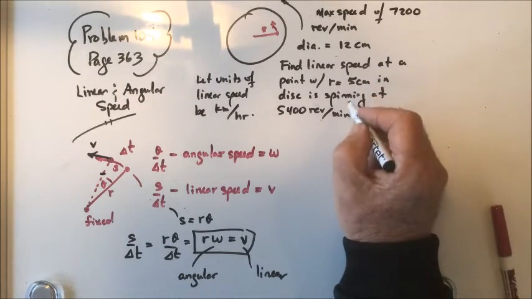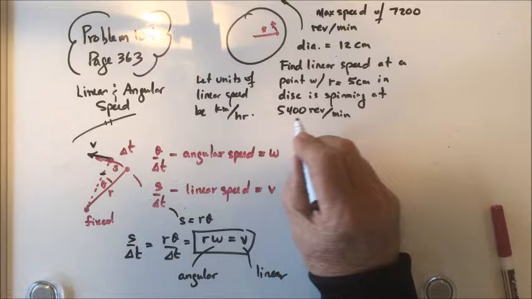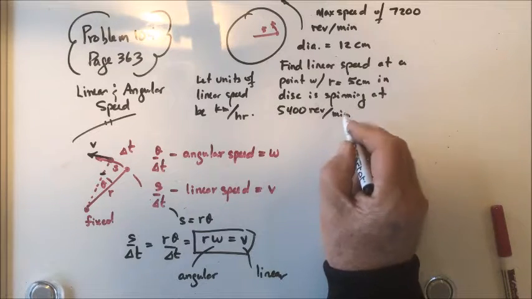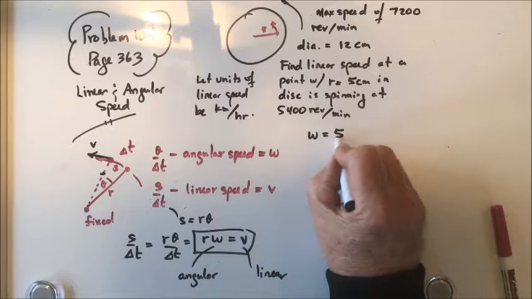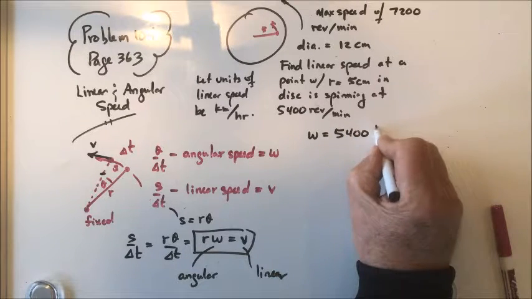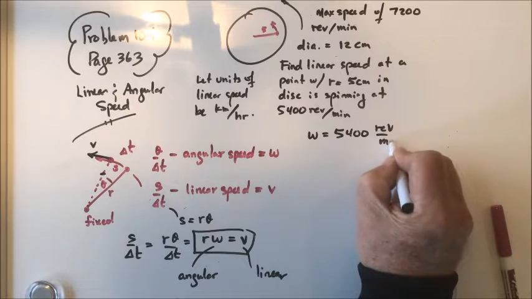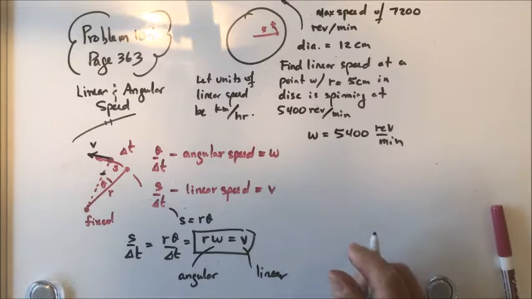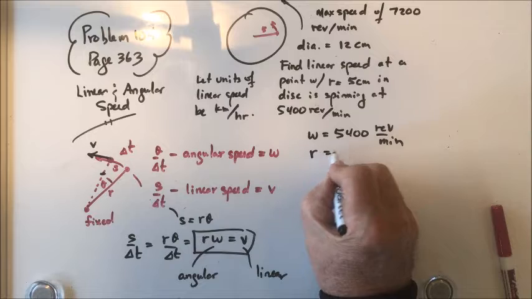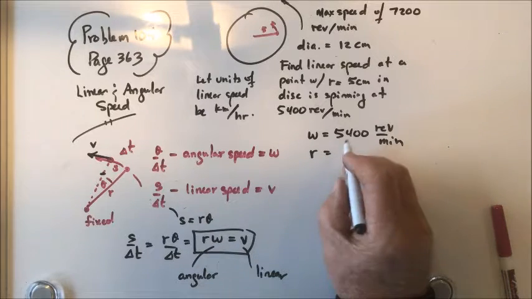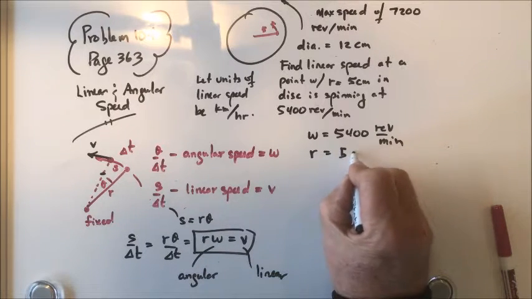So now all we have to do is come up here to the top, and we see that this thing is spinning at 5,400 revs per minute. So omega is equal to 5,400 revs per minute. This problem is mostly about units more than anything else. And r is equal to 5 centimeters.